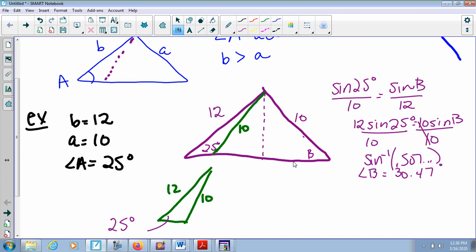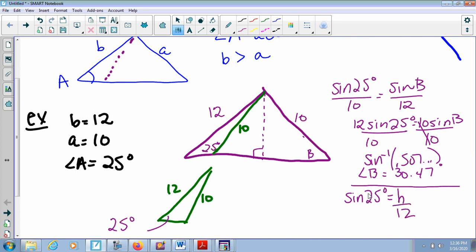It doesn't really matter. So this is another test to see if you're going to have that secondary triangle, because it needs to be longer than your height. So I have a right triangle, sine of 25 is equal to h over 12.